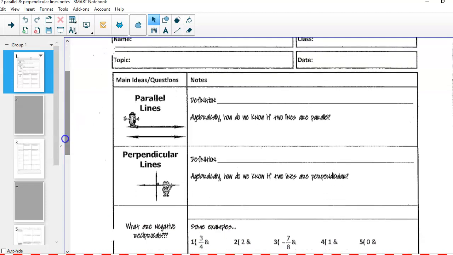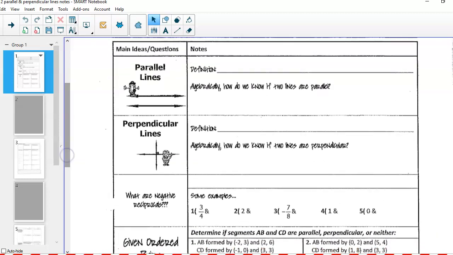So now that you have figured out that, we did parallel. We talked about they had to have the same slope. They had to have different y-intercepts. And now that you've found out the perpendicular, we're going to actually talk about them together. So everyone should have these notes in front of them.